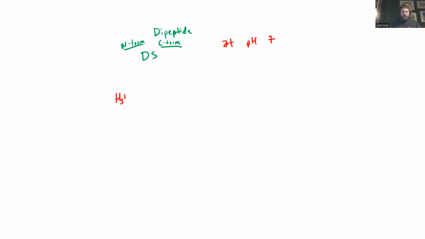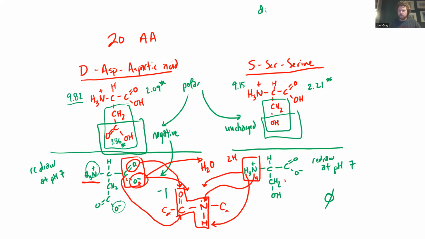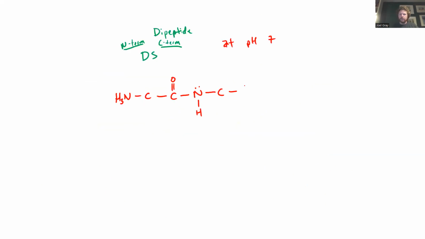So I've got H3N, go to my alpha carbon, then I go to the carbon that is within my peptide bond. It's going to have a double bonded oxygen to it, then to the nitrogen within my peptide bond, which has a lone pair of electrons and a hydrogen. Then I go on to my next alpha carbon. Then I go on to where I conclude, which is this right here, the C termini of my serine, which looks a little bit like this.